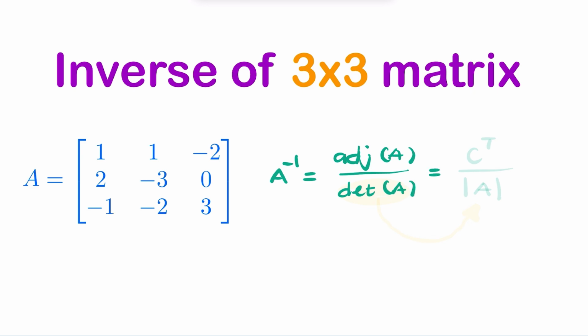And the adjoint is simply the transpose of the matrix of cofactors. And the determinant can be written like that. So that's the general form for the inverse of a square matrix.